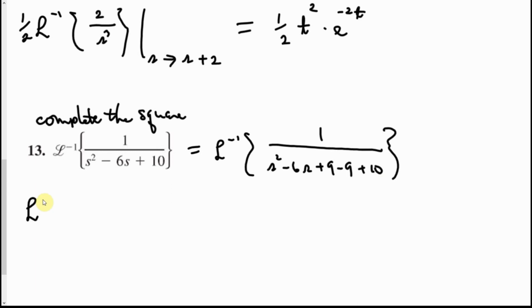So this is the inverse transform of 1 over... Now these first three terms you can factor. That's just s minus 3 to be squared. And then we just add negative 9 plus 10. We get plus 1. Well, since there's a 1 up in the numerator, we're thinking either about cosine or sine.